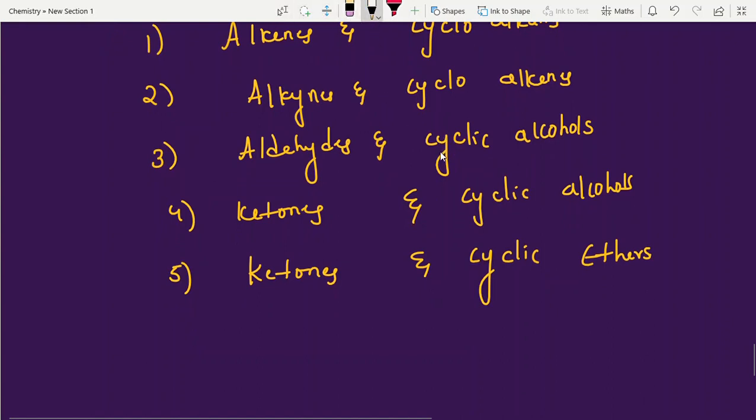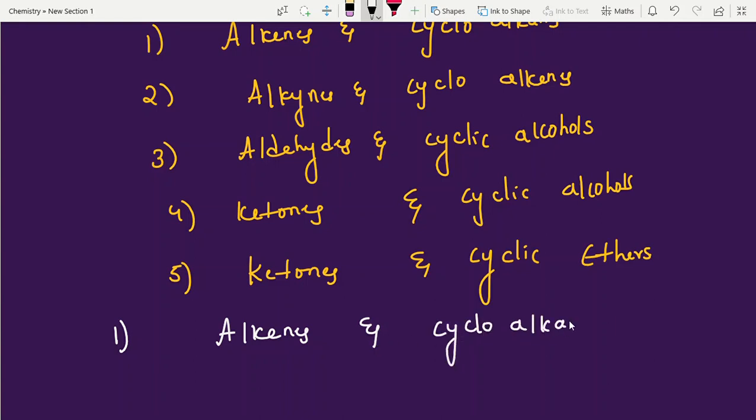One alkene you can tell. What is this alkene? Any alkene. CnH2n. First one, alkenes and cycloalkanes. CnH2n, where n equals 4 you can take.